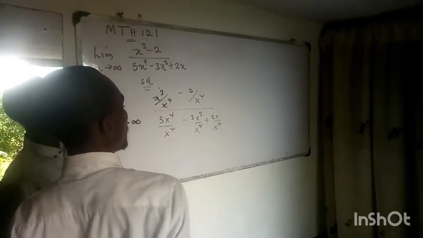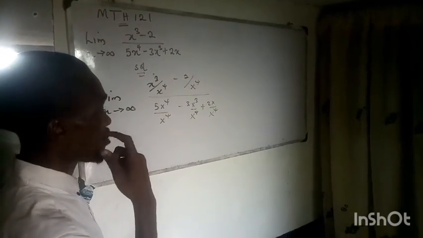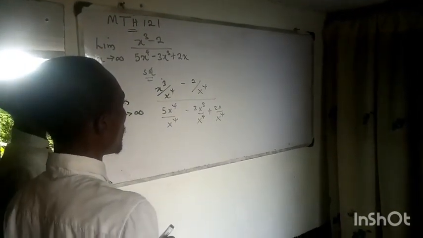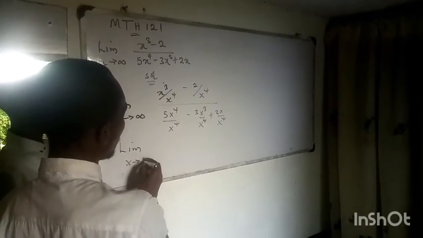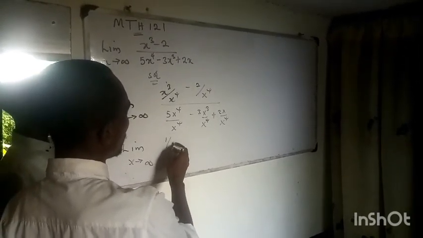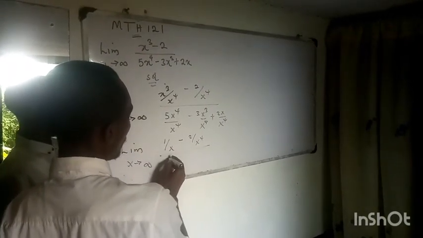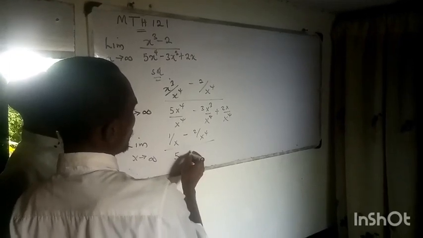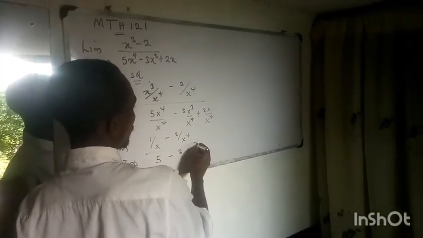So we have done the same thing to each and every term of the expression, which is justified according to the rules of algebra. So we're going to have the limit as x tends to infinity. This is equal to 1 over x, this is 2 over x^4, this is 5, and this is minus 3 over x, and this is plus 2 over x^3.